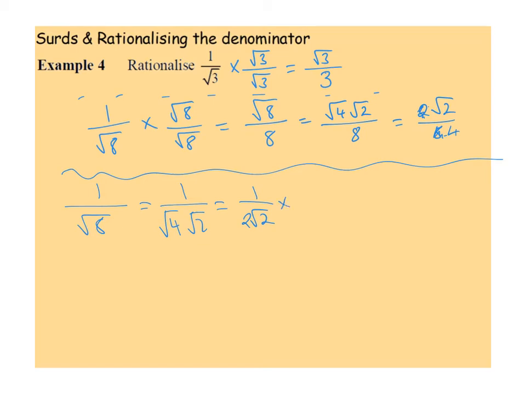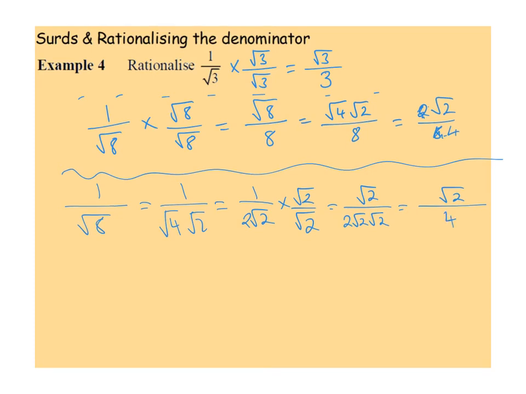So when I'm multiplying now by 1, my 1 could be root 8 over root 8, but I could also use root 2 over root 2. And that's going to give me 1 root 2 on the top, which is just root 2, and 2 root 2 on the bottom, which you can see root 2 times root 2 is 2, and 2 times 2 is 4, so that's going to give me root 2 over 4.